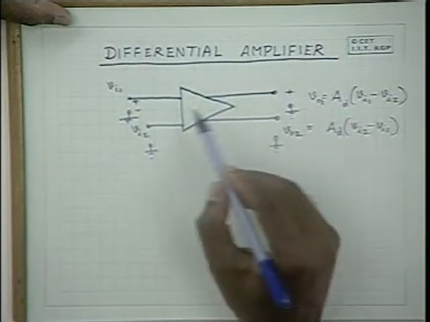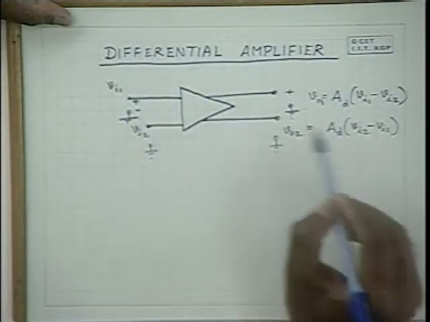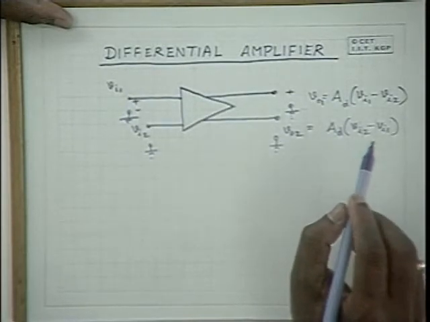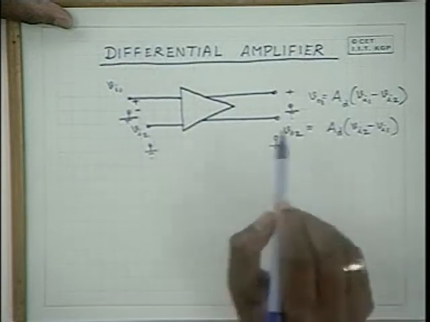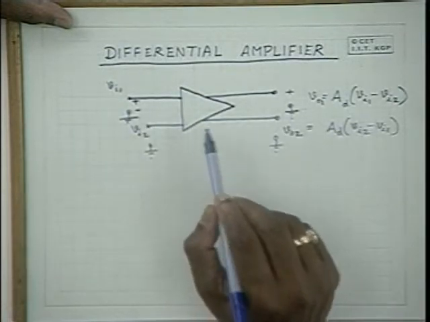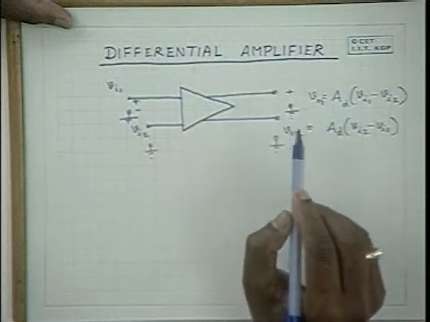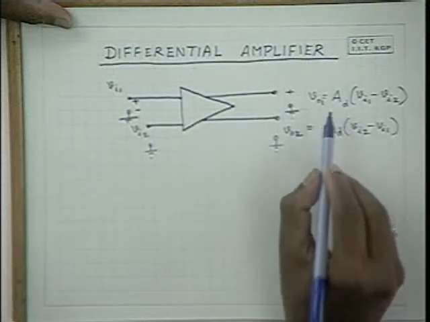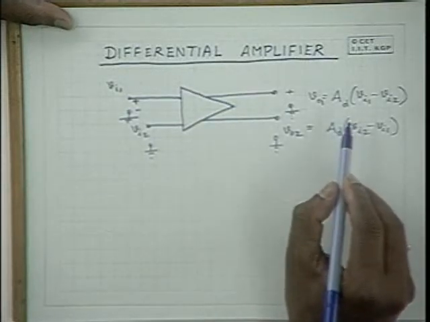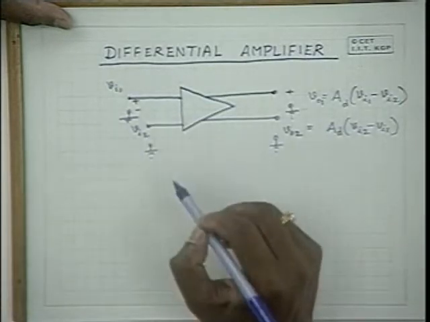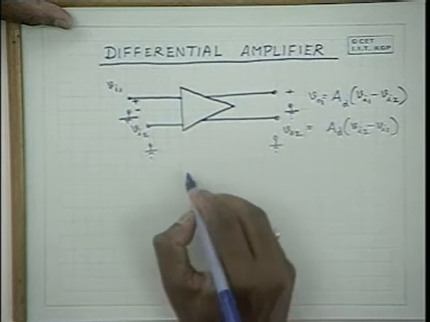And here you will get the amplified version of Vi1 minus Vi2. Since the amplifier amplifies the difference signal, it is known as a difference amplifier or differential amplifier, where in this circuit, AD is the differential gain, the gain for the difference signal.